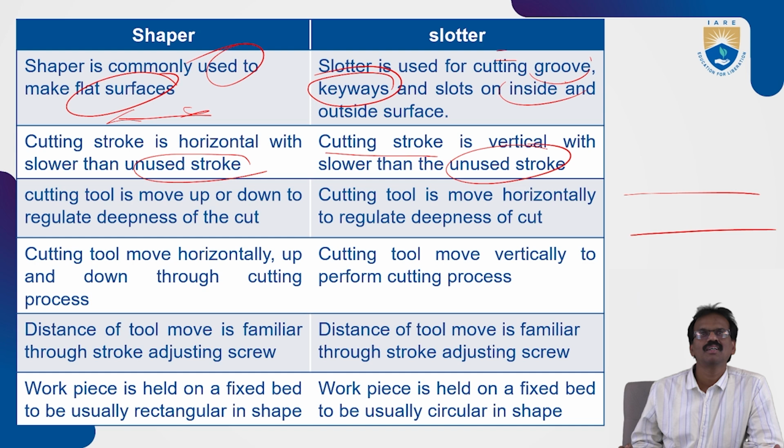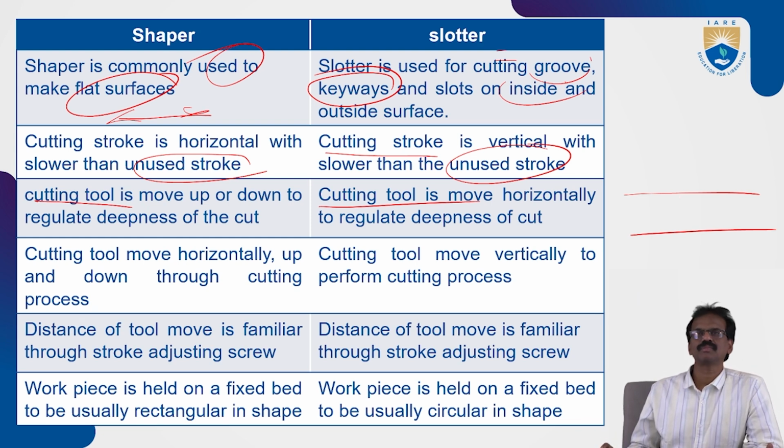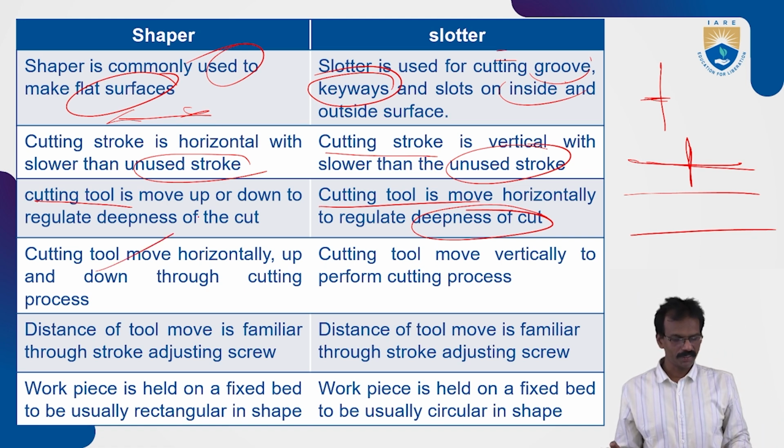So to regulate the depth of cut, the cutting tool moves horizontally. For providing the depth of cut, a slight movement is there in the horizontal direction, whereas the main movement is in the upward and downward direction.